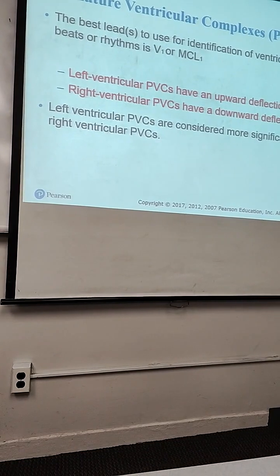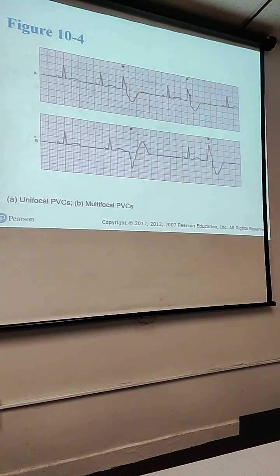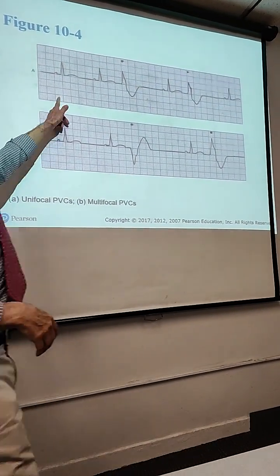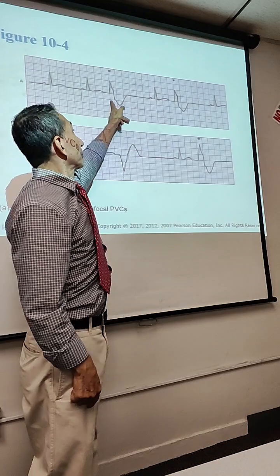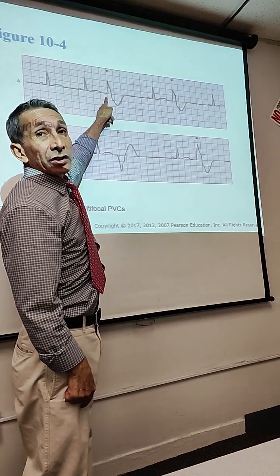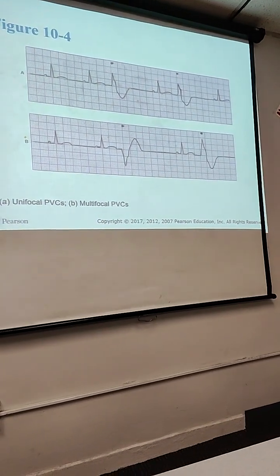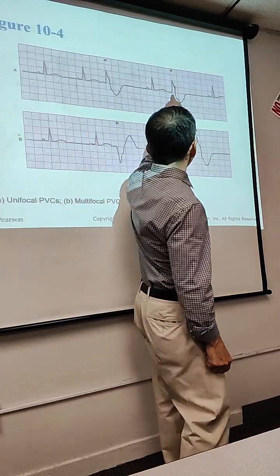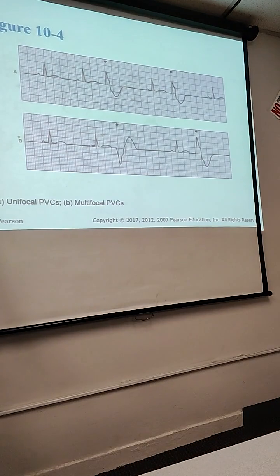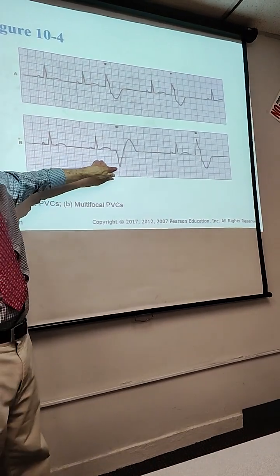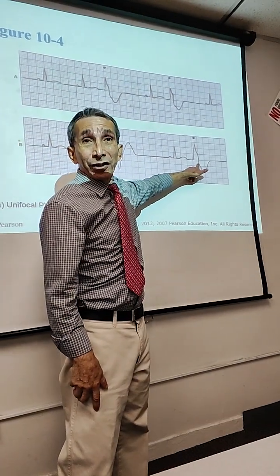So let's go back to the picture. This is produced by the left ventricle, because the QRS is upward, it's positive. QRS positive, it's left ventricle. Here, this is the right ventricle, but this is the left ventricle.